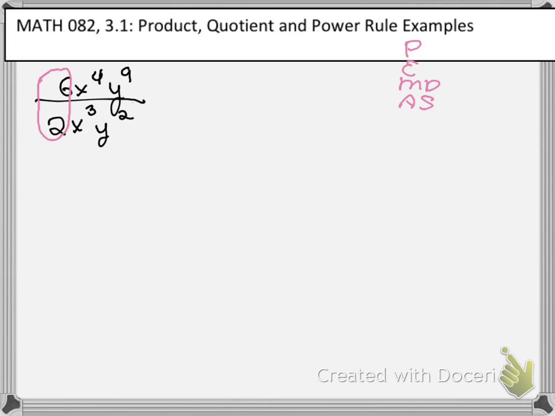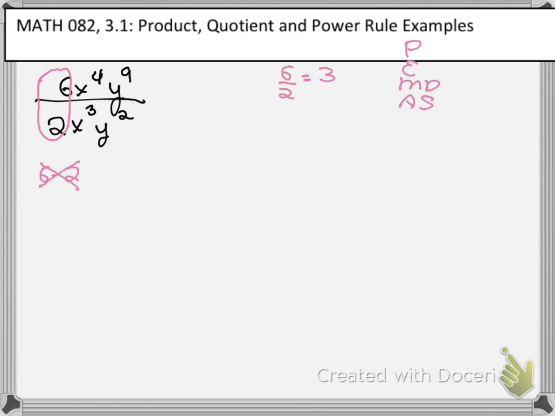Now, many times as I've taught this course, people start getting confused between just regular numbers and the power rule, and then they start doing silly things like 6 minus 2. Which is not what we want to do. If before you ever started this chapter, you had seen on a piece of paper 6 divided by 2, I think most of you would have realized that 6 divided by 2 is 3.